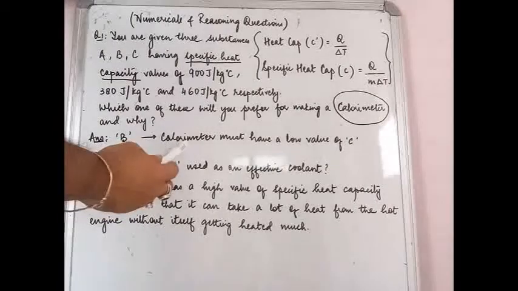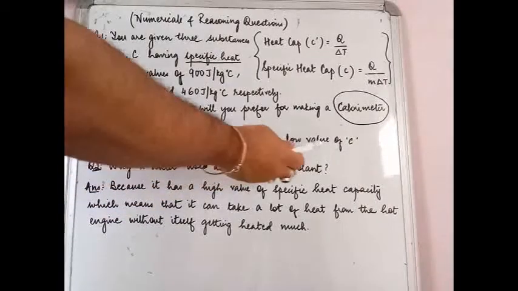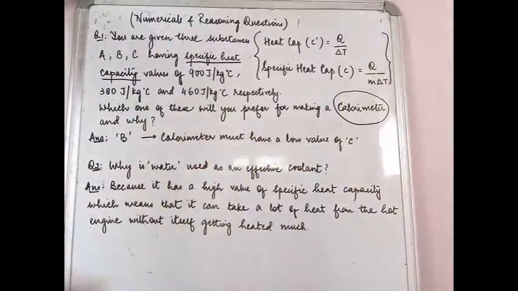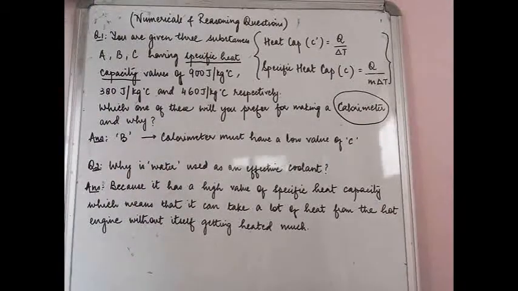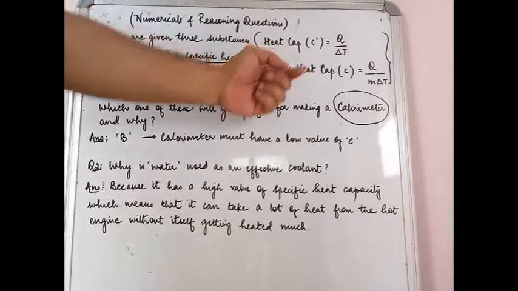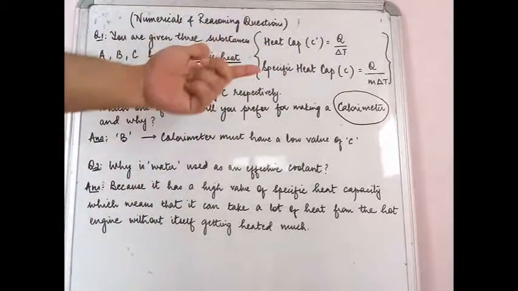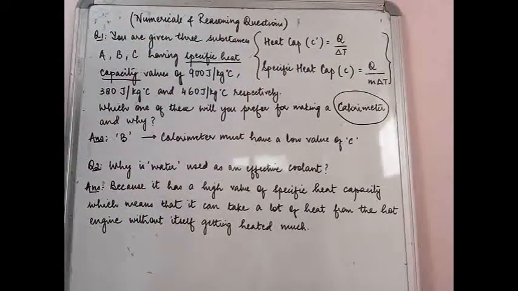That is why the calorimeter must have a low value of C, and that is why, if you have read the details of the chapter, you will find that copper is usually chosen for making a calorimeter because of its low value of specific heat capacity. And the definition of specific heat capacity, once again, go back to the definition. What does the specific heat capacity mean?